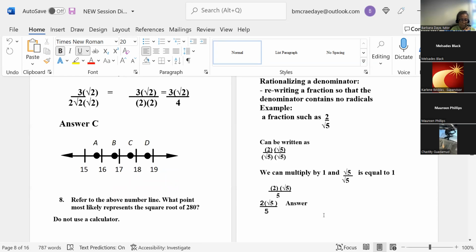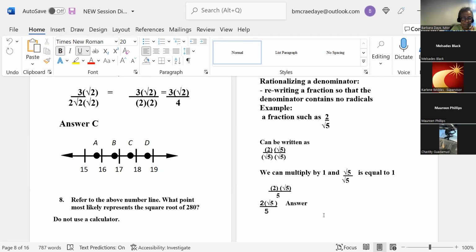So you're saying, Miss, that instead of putting it as 5 to the 5th power, just put the 2 and the 5 over 5. Well, this is not 5 to the 5th power. Square root of 5 is asking what number times itself gives you 5, but the square root of 5 is not a perfect square.